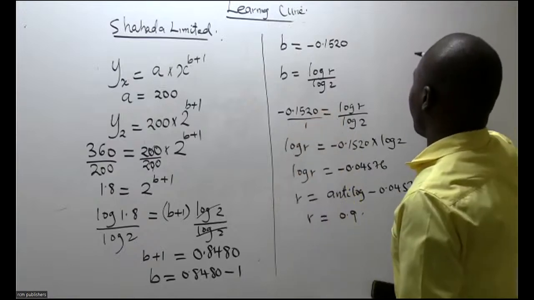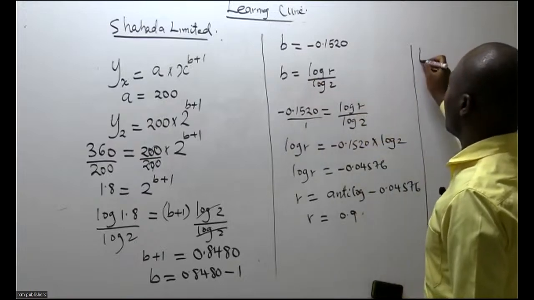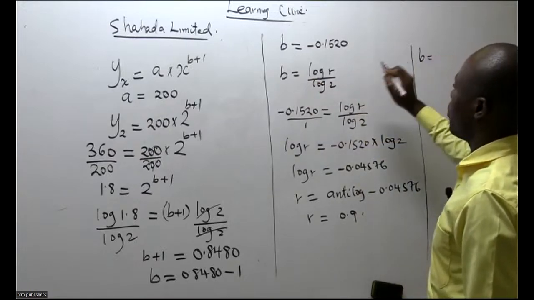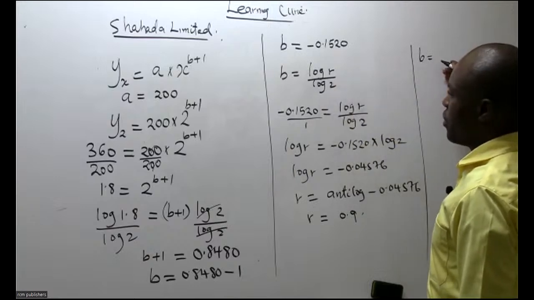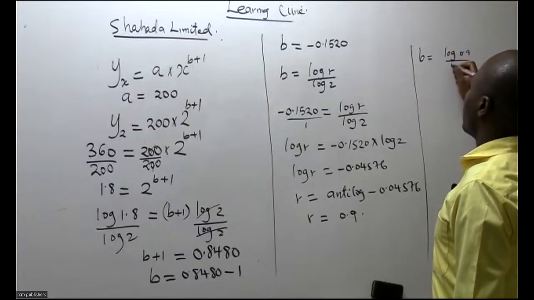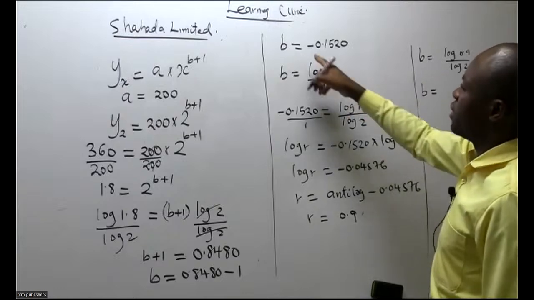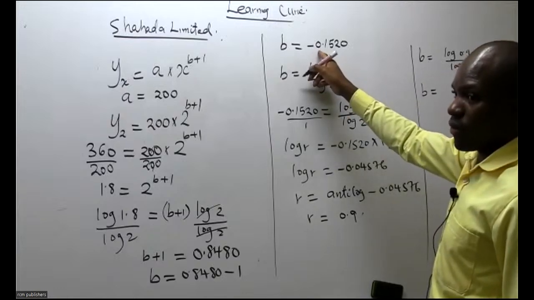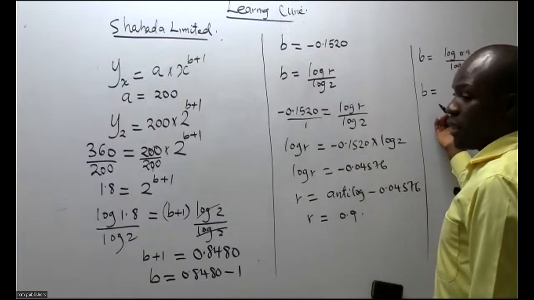You can even confirm. Remember how you are getting B, you are saying, just take your log, just say log 0.9 divided by log 2. Then confirm if you're getting the value of B as this one here.